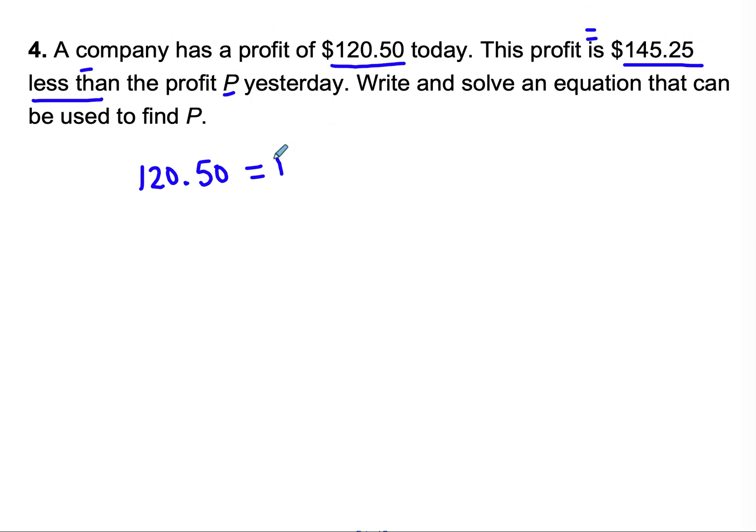It means the P comes first. P minus 145.25. All right, so that's my equation. Now I need to solve it. Okay, so I've got subtraction. That means I need to add $145.25.